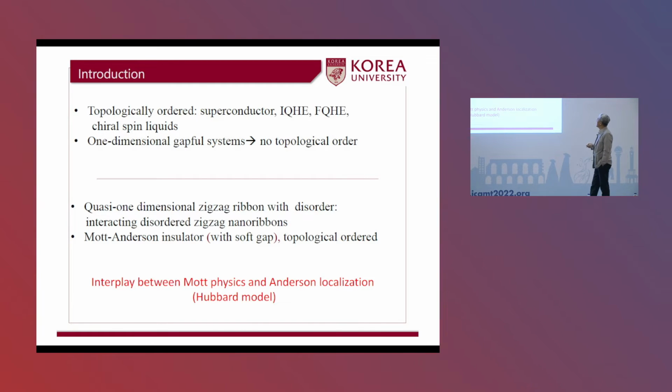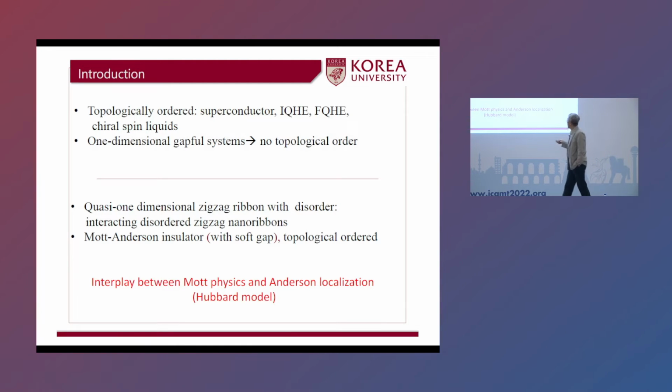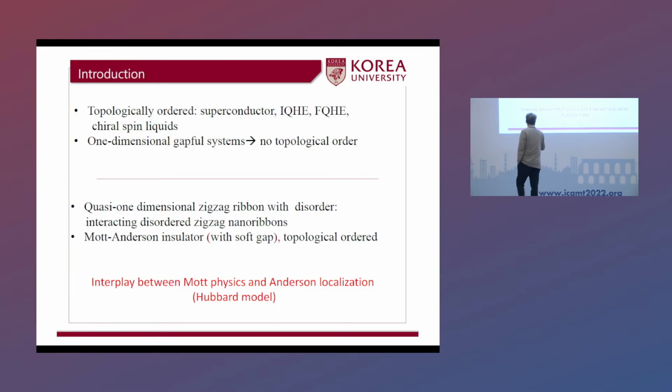And also, this quasi-one-dimensional zigzag nanoribbon with disorder is a Mott-Anderson insulator with a soft gap, and it is topologically ordered. That's what I'm going to argue in this talk. So the basic physics is the interplay between Mott physics and Anderson localization. And I'll use a Hubbard model to argue this.